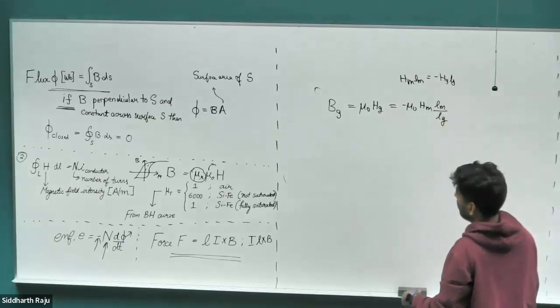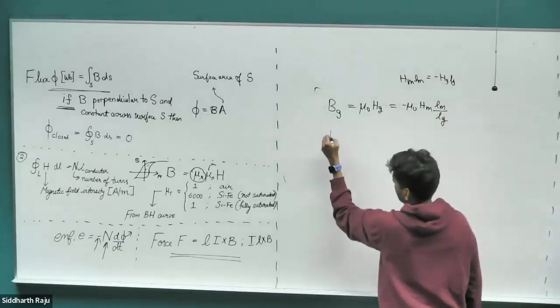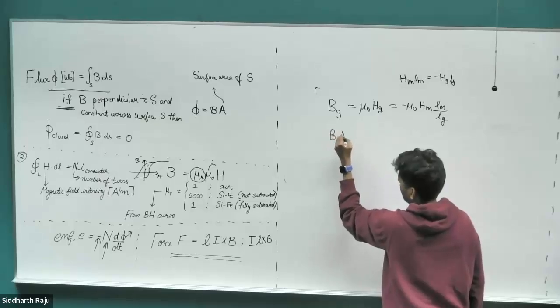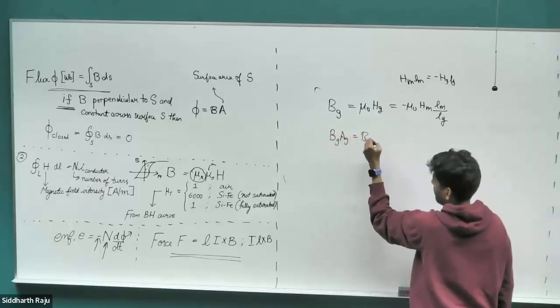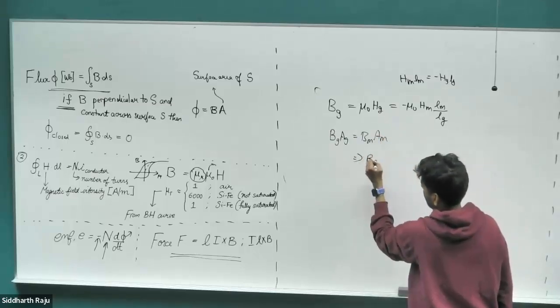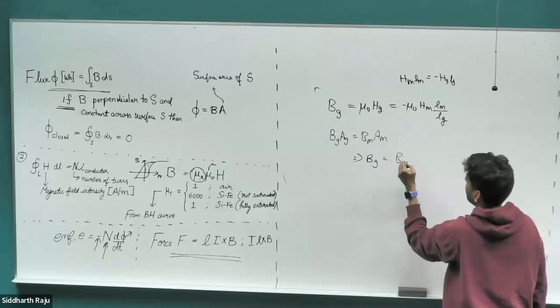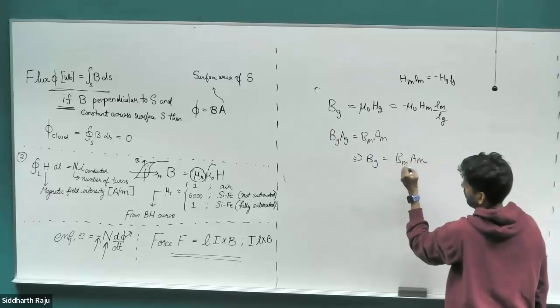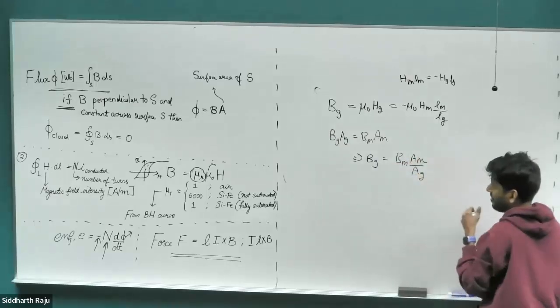We also had another expression for Bg, which was Bg Ag equal to Bm Am, which implies Bg equals Bm Am divided by Ag.